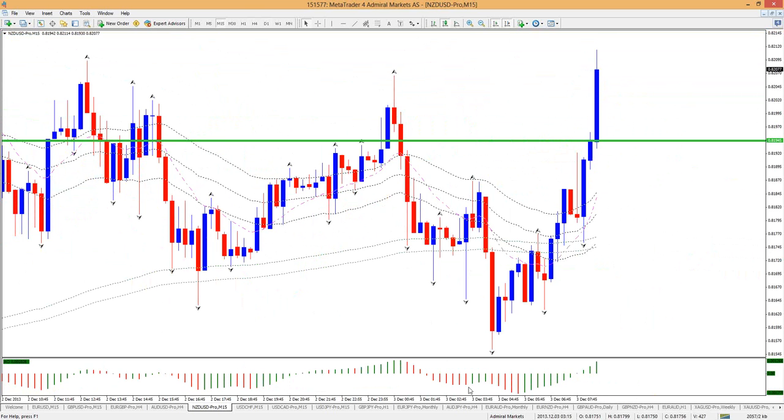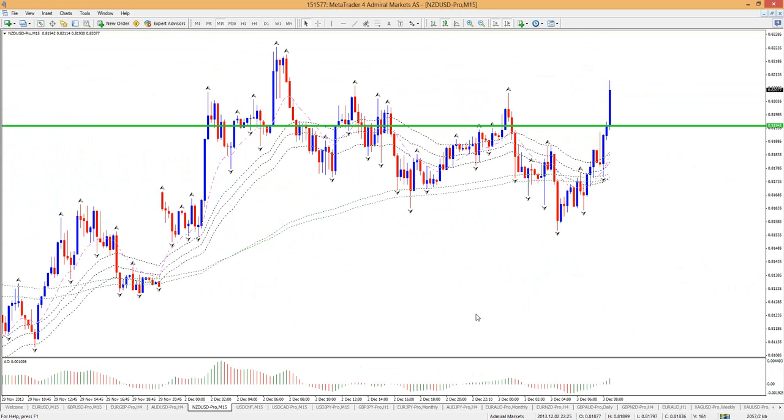If it does close bullish like this, then I would wait for a small retracement on the 15 and take the next break above the 15-minute fractal.